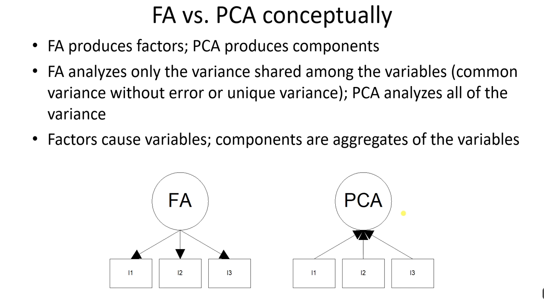One difference is that factor analysis produces factors, and principal component analysis gives us components. But the most important difference is the second. Factor analysis analyzes only the variance shared among the variables, that is the common variance, without error or unique variance. Whereas principal component analysis analyzes all the variance.